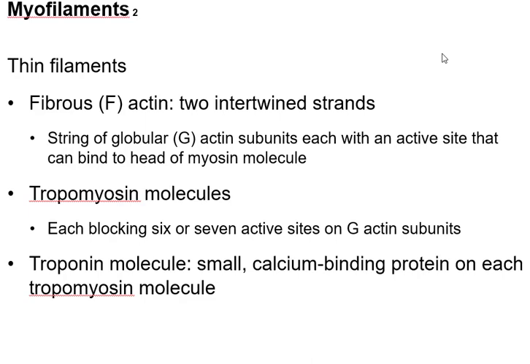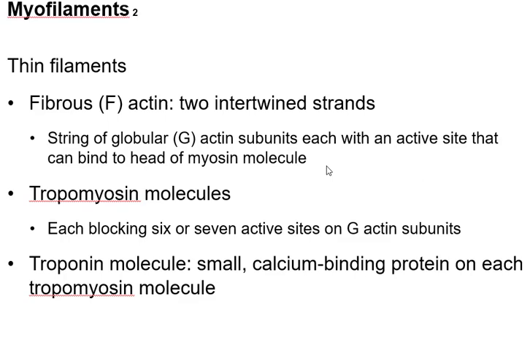So what I'm going to do is I have another molecule called tropomyosin, and it's a rope-looking molecule that wraps around the actin and covers up the active sites. So the myosin head can try and attach to the actin, but the tropomyosin gets in the way. It blocks it.